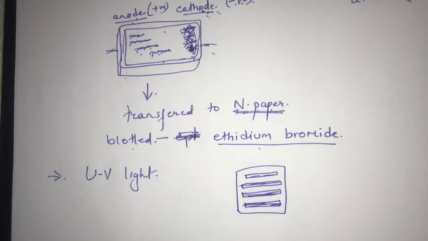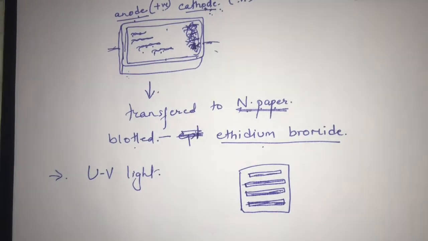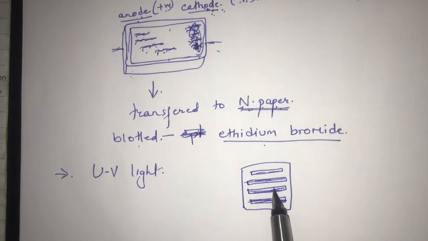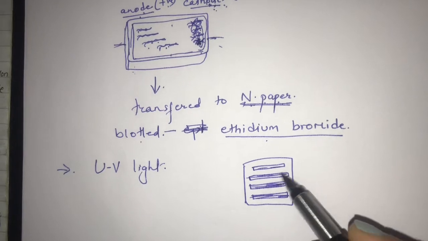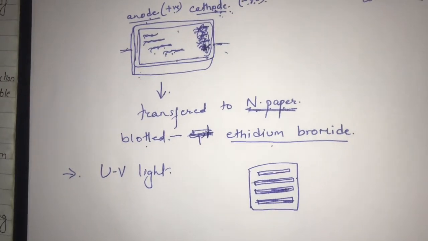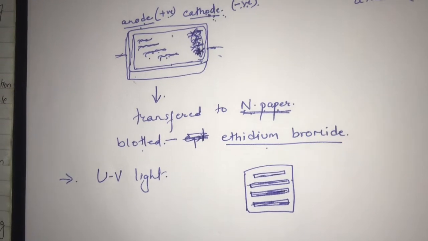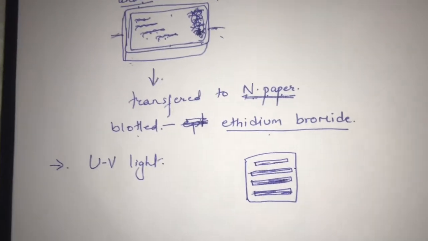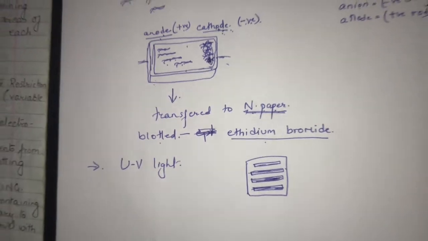Now, cut the separated bands of DNA and extract pure fragments of DNA to use for PCR. The same DNA can be removed from this nitrocellulose paper and used for different biotechnological processes. So, this is all about gel electrophoresis.